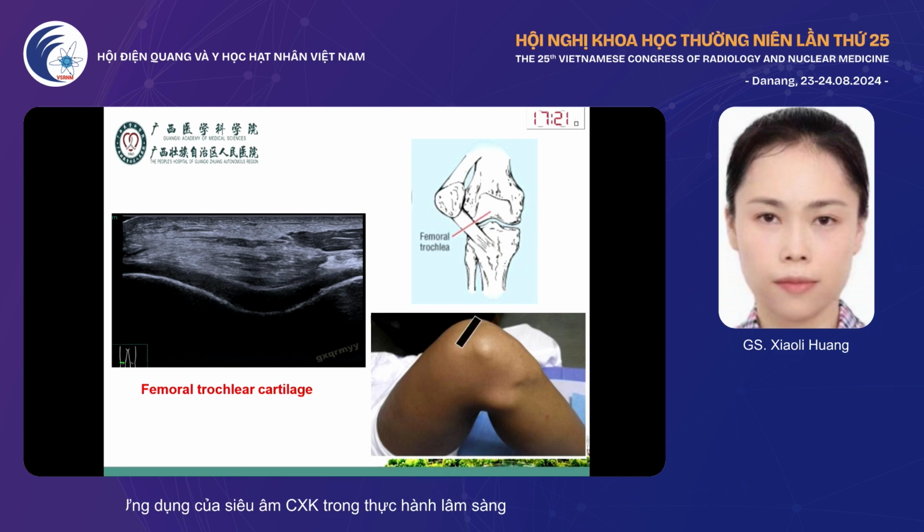Next, let's take a look at how musculoskeletal ultrasound displays some structures. If you want to examine the cartilage of the knee joint, place the probe here, and you can get its image, a homogeneous band-like low echo.